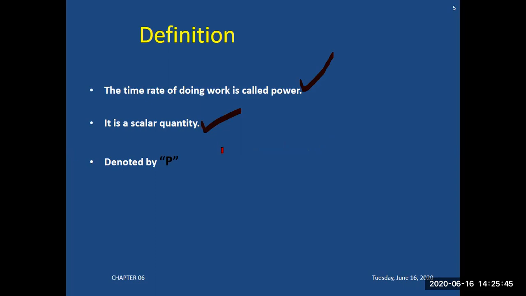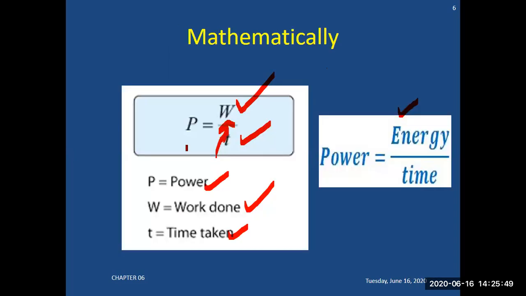It is written with P, and the mathematical formula is power is equal to work done per unit time. P for power, W for work done, and T for time taken.